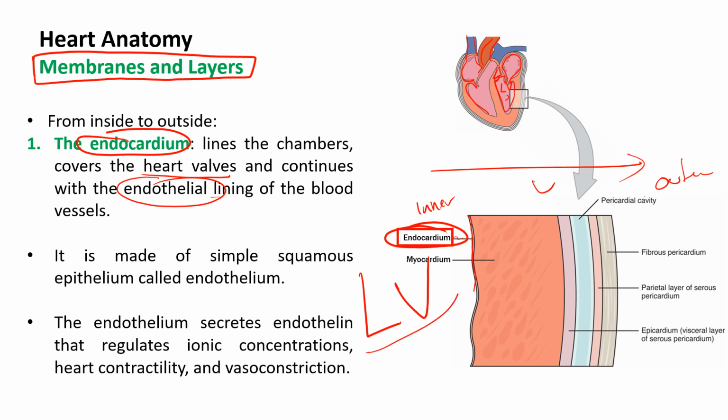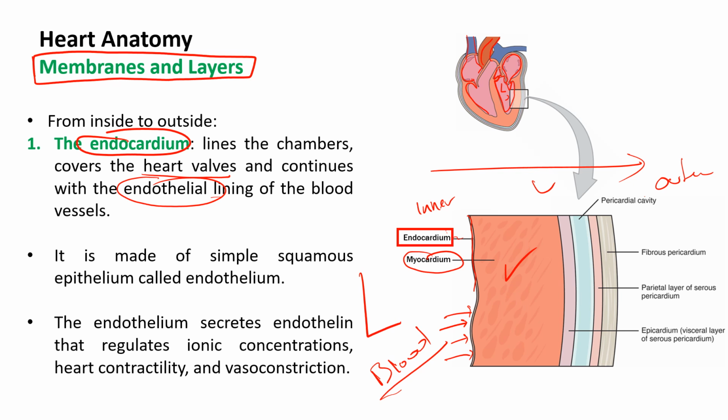And even though you have a bunch of blood, the blood cannot be used to get oxygen and nutrients to feed this important part of the heart called the myocardium. That's why we need the coronary arteries that supply blood to the heart to feed the myocardium cells, because this endocardium is kind of impermeable. Nothing passes through here.